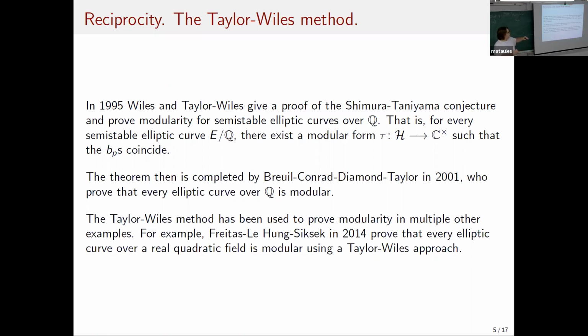The way Taylor and Wiles proved modularity works in other cases. For example, in 2014, Freitas, Le Hung, and Siksek proved that an elliptic curve over a real quadratic field is modular. They used a similar method. Not the same, but again, similar. The steps are pretty much the same.